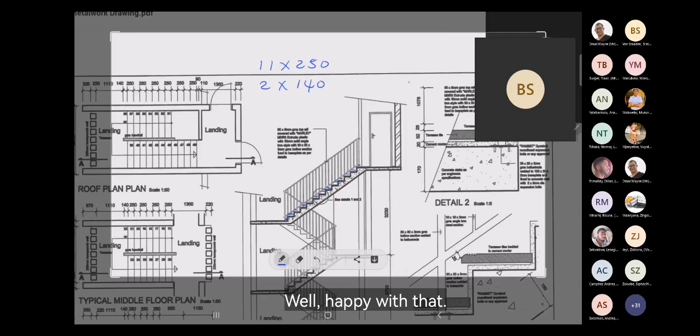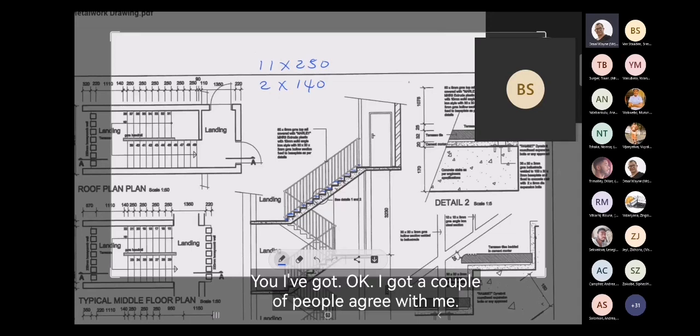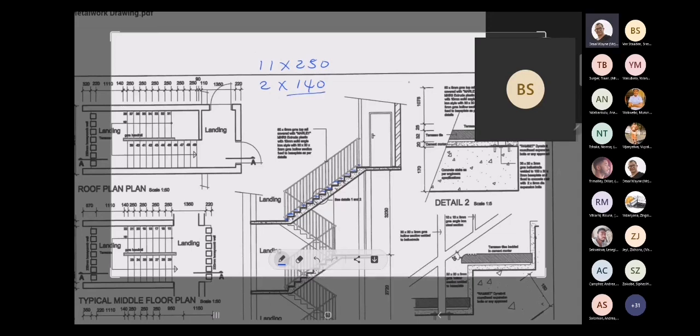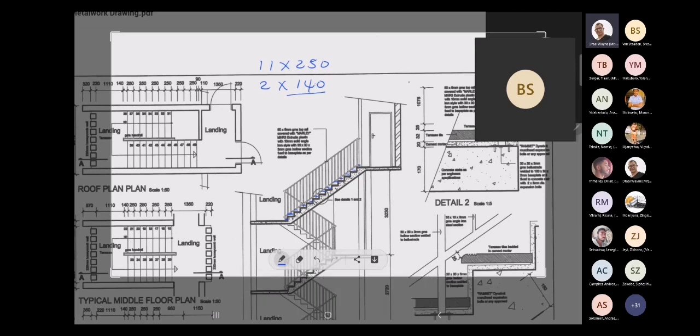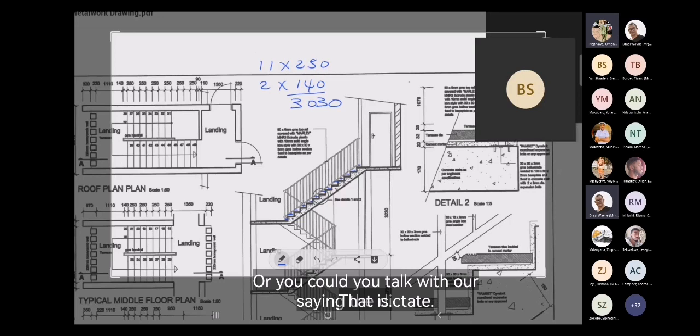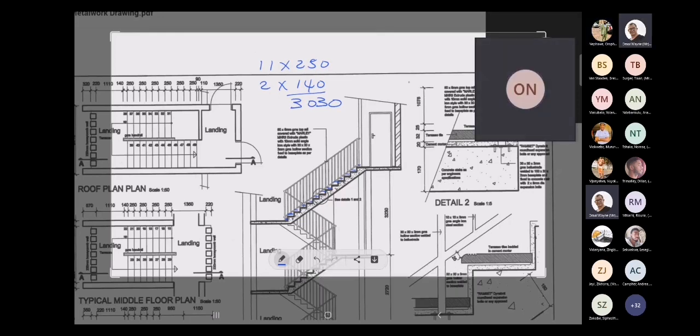All happy with that? I got a couple of people agreeing with me. Those who don't agree, speak to me later so we can show you how we arrive at that. So what does that length give me? That gives me 3030. Come again? I was saying 3030.